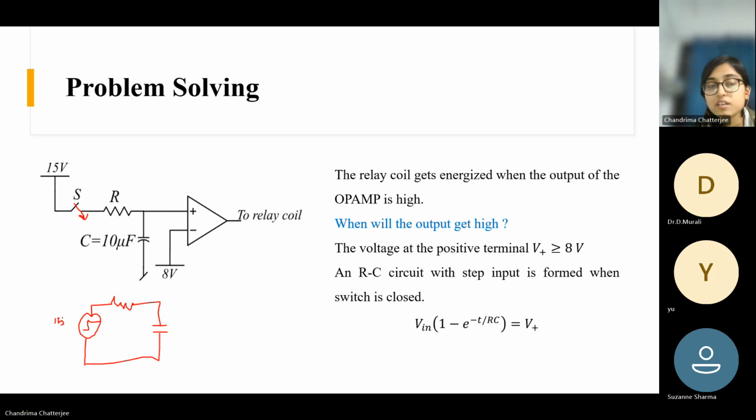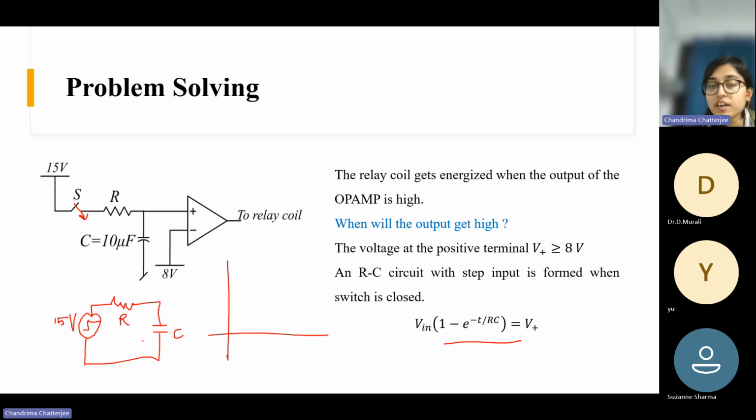Okay. So whenever there is a step voltage in an RC circuit, the governing equation is this one. This is the exponential form. The voltage actually rises.